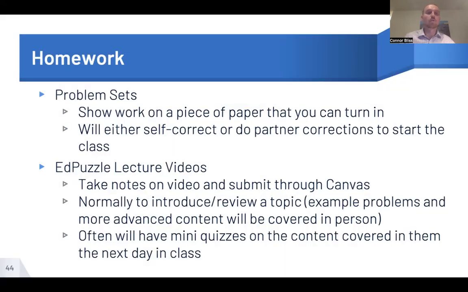And then with this, we think about homework. There's really two big types of assignments we'll have. The first is going to be problem sets, very similar to the ones that you worked on individually for part 2 of the summer project. But basically what we're going to ask you to do is have a way that you can bring your worked out solutions as a hard copy. So some people want to just do notebook paper you can rip out, that works as well.